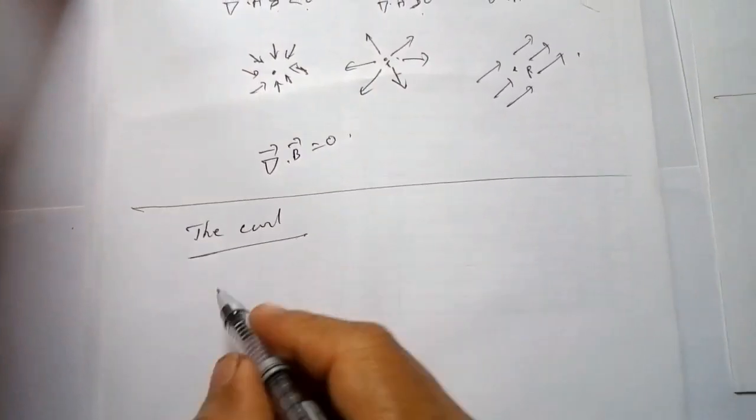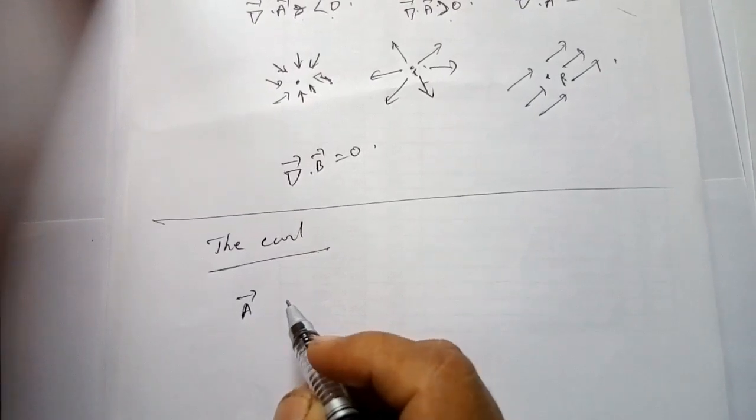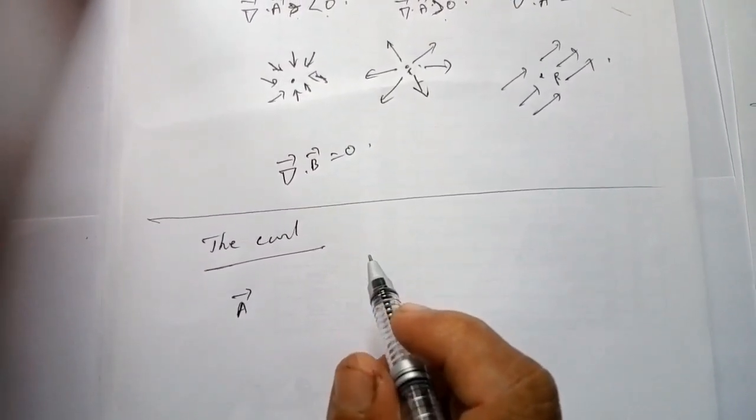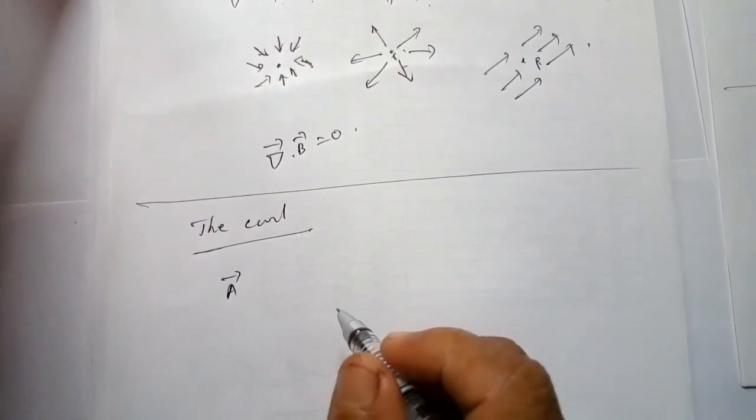So consider vector field A again. Then the vector product of the del operator and vector A, a vector function of position coordinates x, y, z.